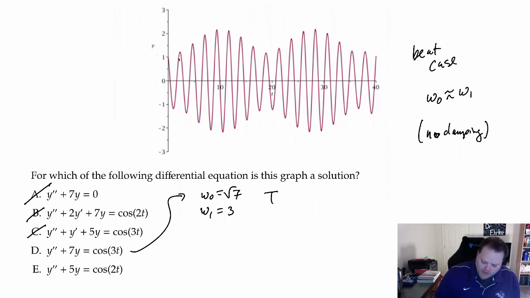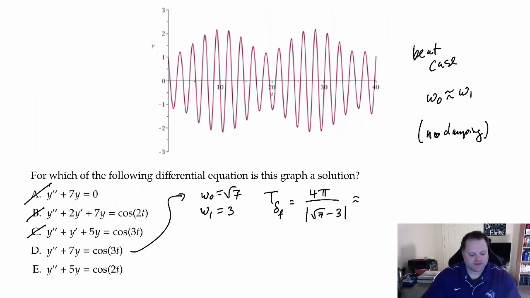So the beat period, the period of the beats, I always do the Hertz one, but it's 4 pi over omega naught minus omega 1 in absolute value. All right, so we've got that one. I'm going to calculate these off to the side.